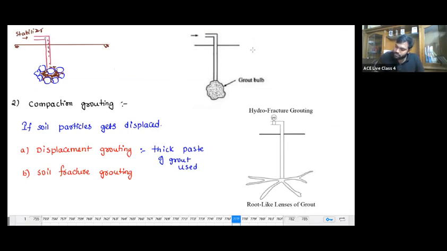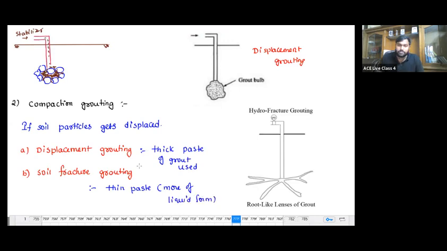If you see the grout bulb like this, then you are going to say it is displacement grouting. And if you see there is a flow of liquid, in the case of soil fracture grouting or root-like lenses of hydrofracture grouting, we use thin paste, more of liquid form.